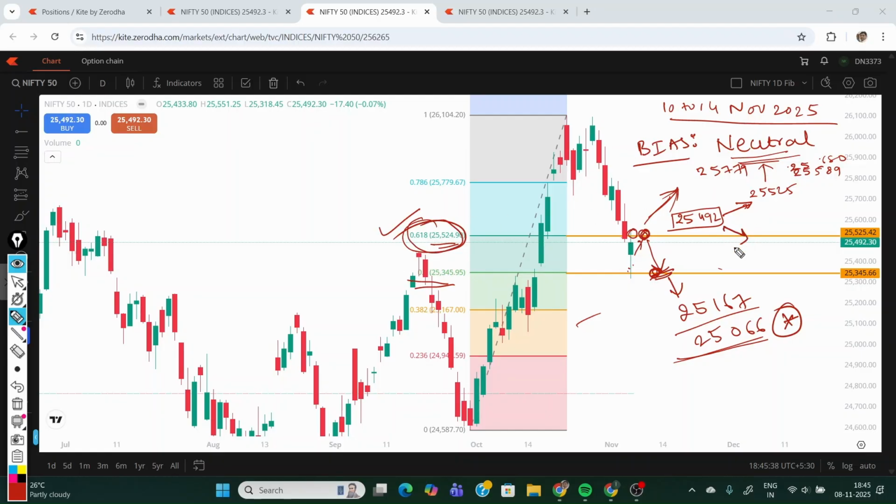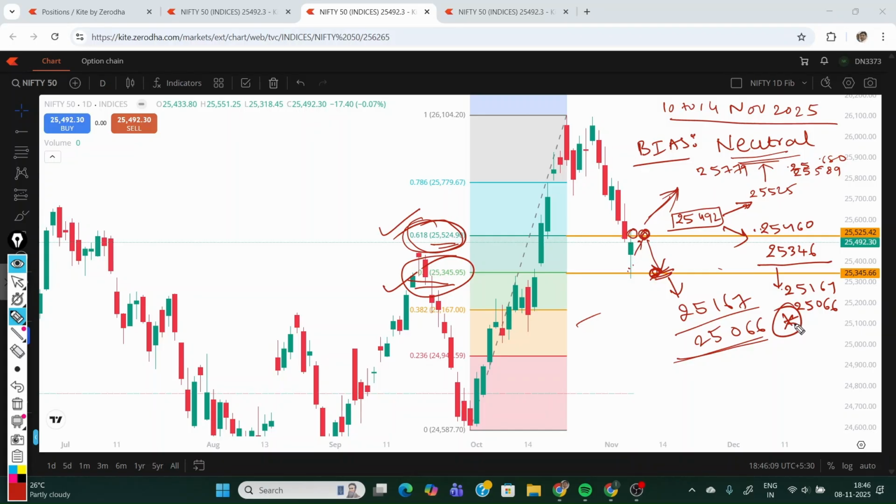Suppose it takes resistance at this level and reverses. Which are the levels one needs to look for? First is 25,460, then 25,346, that is the 0.5 retracement level. Breach of this level would call for a move on the downside towards 25,167 followed by 25,066.